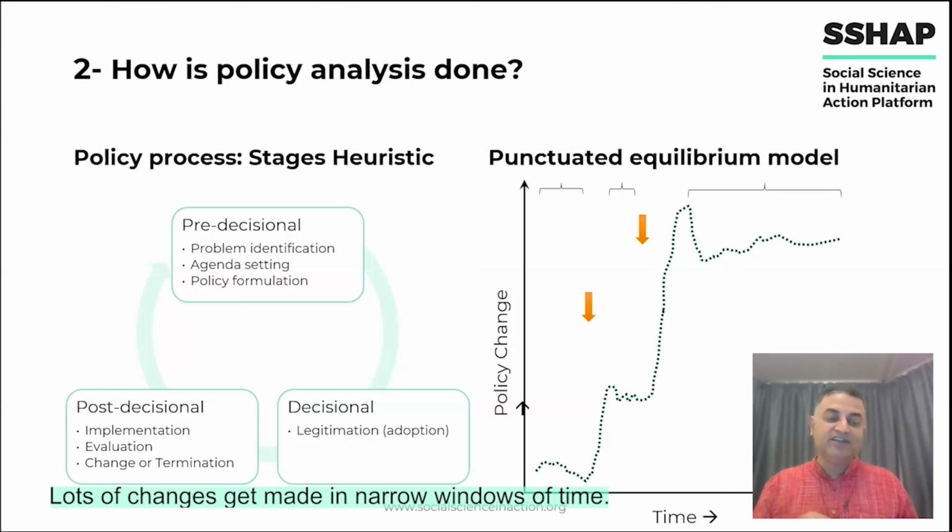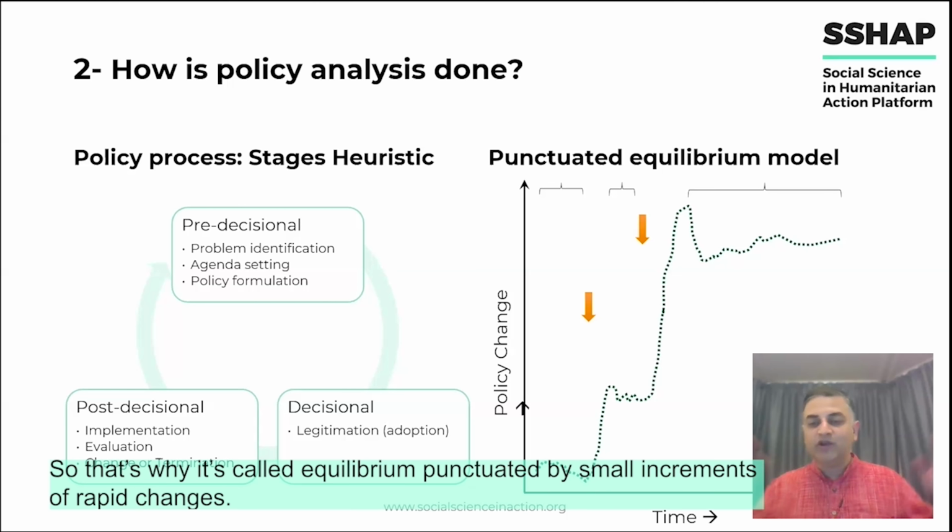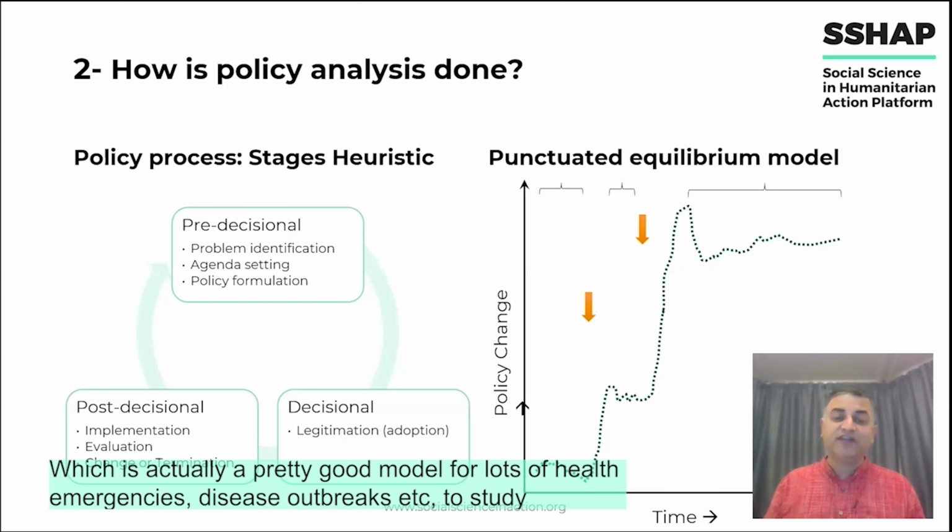Lots of changes get made in narrow windows of time. So that's why it's called equilibrium, punctuated by small increments of rapid change, which is actually a pretty good model for lots of health emergencies, disease outbreaks, etc. to study.